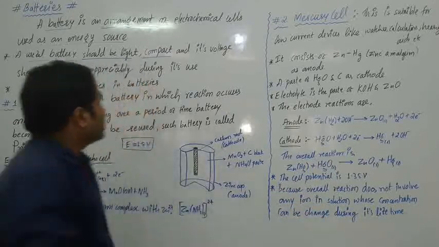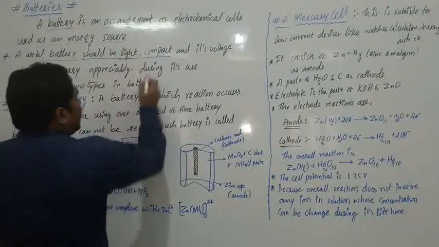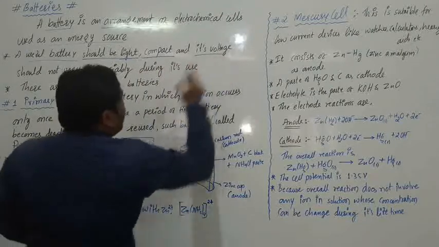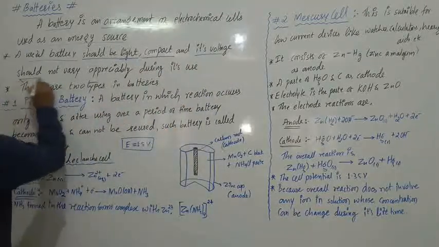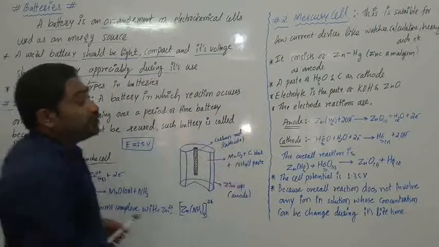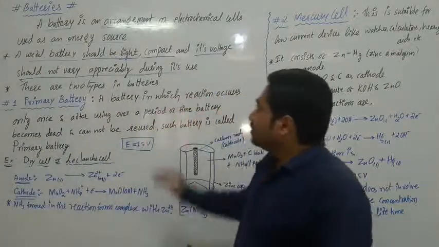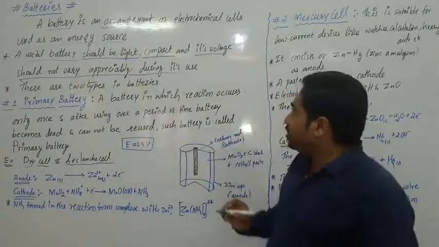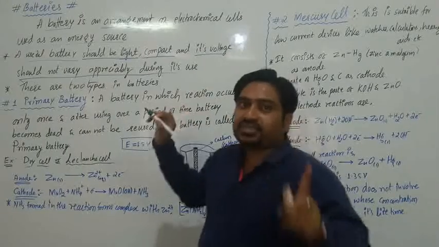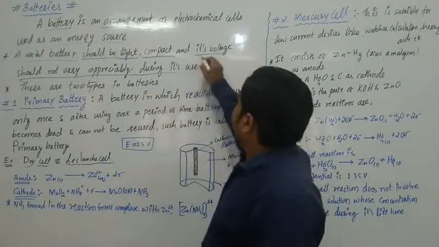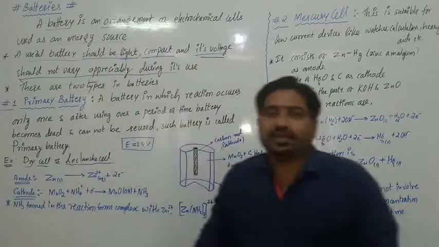No. It must be light, it must be compact, and its voltage should not vary appreciably during its use. This point is most important. Why? Because if a battery is said to be a good battery, its voltage should not vary during its use.